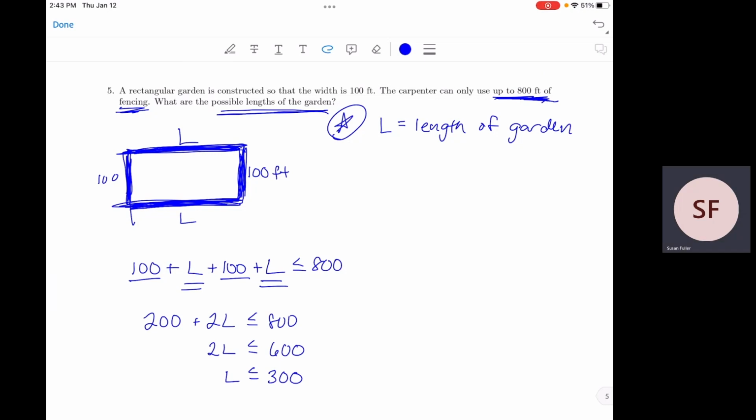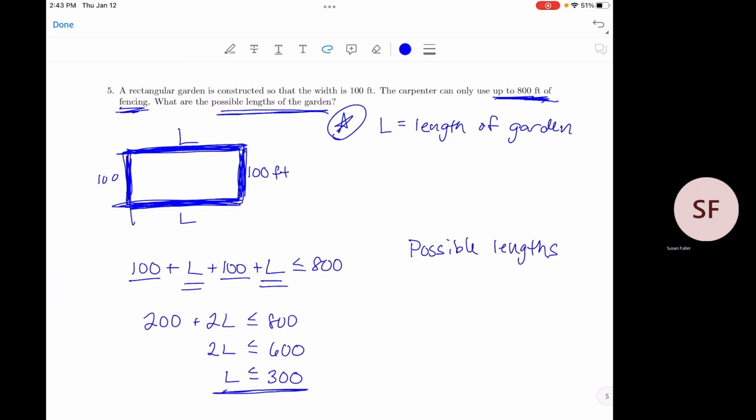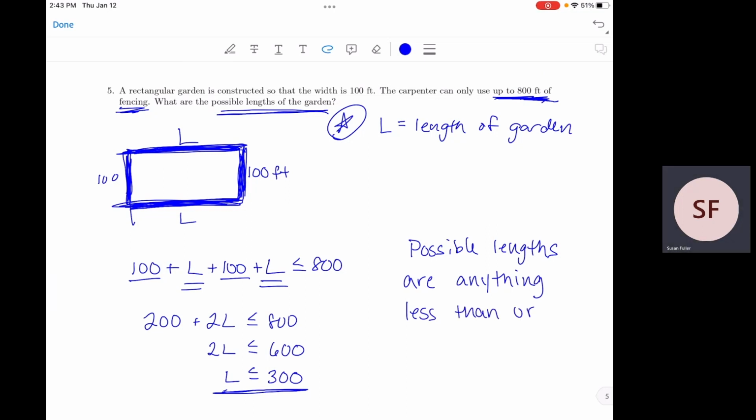The length of my garden is L, and so the possible lengths here are anything less than or equal to 300. So I'm just going to say the possible lengths are anything less than or equal to 300.